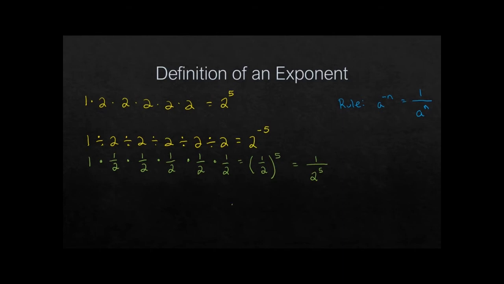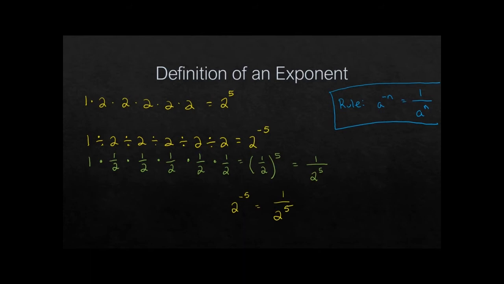So you can see that 2 to the negative 5th is equal to 1 over 2 to the 5th. That's what brings us to this rule of negative exponents: if you have a negative exponent, you take the reciprocal, and then the exponent becomes positive.